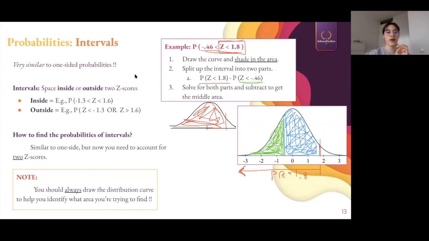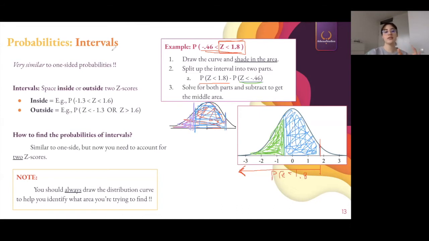The interval that we're trying to find is between -0.46, which let's just say is right here, and +1.8. So we're trying to find this blue area. And the probability that z is less than -0.46 is this purple area.